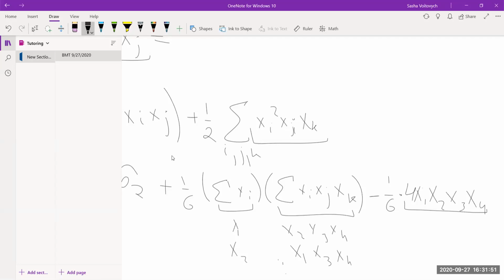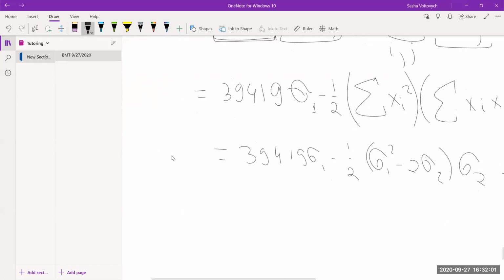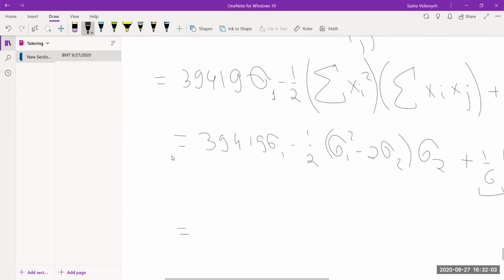So this sum appears 4 times, so we have to subtract it with the same coefficient. Okay, so we just decomposed. Now all these are expressible in terms of sigma. So we just found what we were looking for, basically.